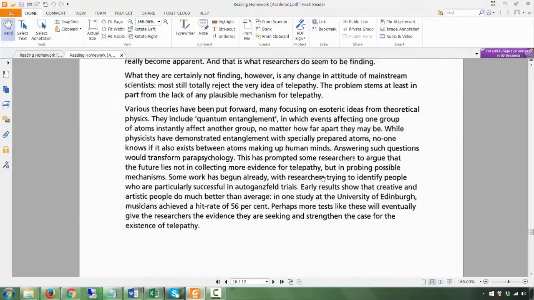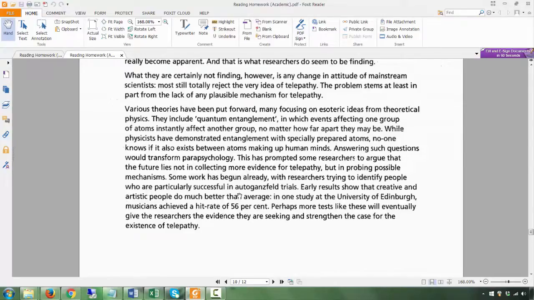Some work has begun already with researchers trying to identify people who are particularly successful in Ganzfeld trials. Early results show that creative and artistic people do much better than average. So perhaps more tests like this will eventually give the researchers the evidence they are seeking to strengthen their case.